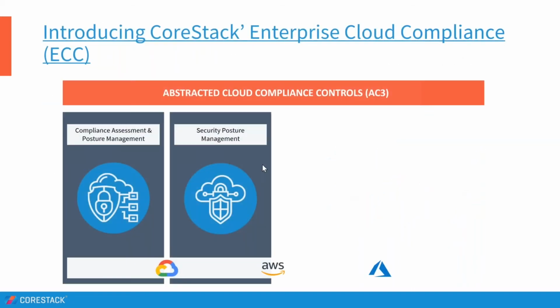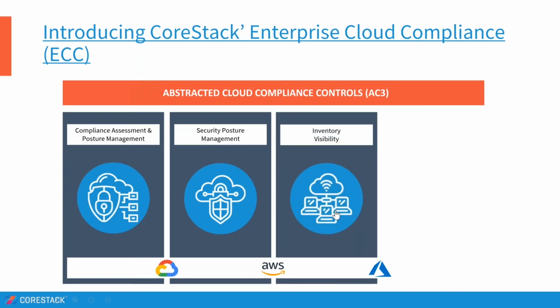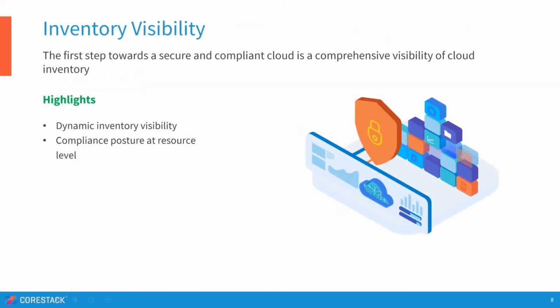Next is the pillar called inventory. Very quickly, you can have a view of all the inventories you're consuming under those accounts, dynamically. And because we are multi-cloud, it's one single pane for AWS, Azure, and GCP for today. You can also monitor and view all your compliance postures at the resource level.